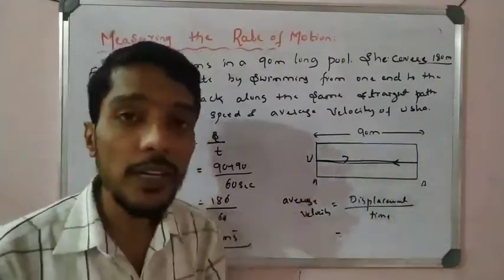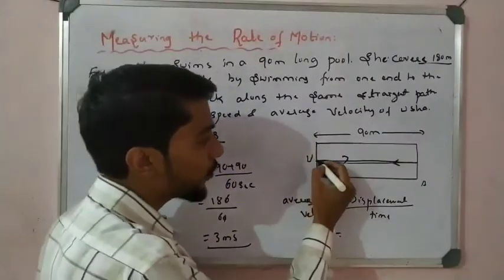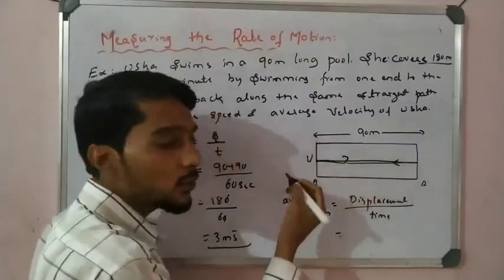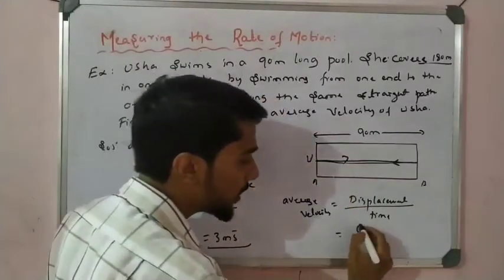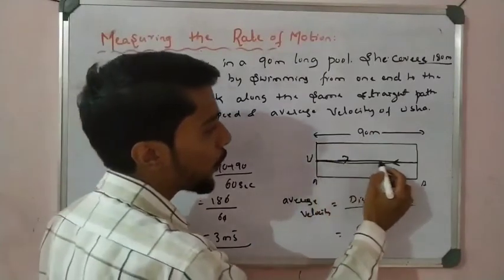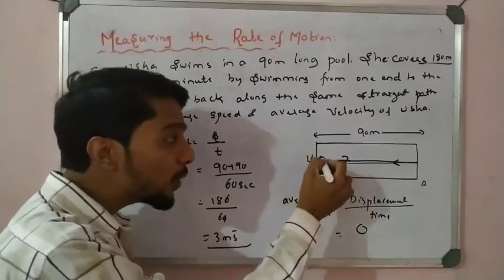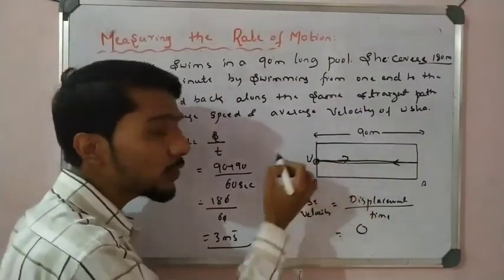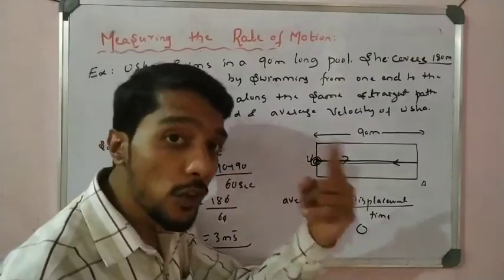What is the displacement here? It is 0. Why? See here, Usha starts from here and returns back to here. So the initial position and the final position of Usha are the same. So displacement is 0.